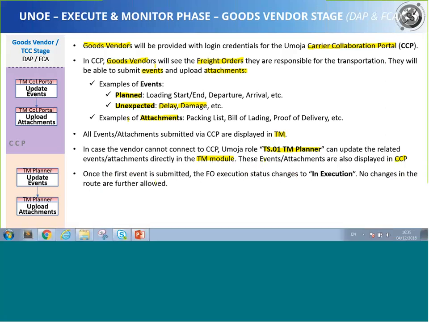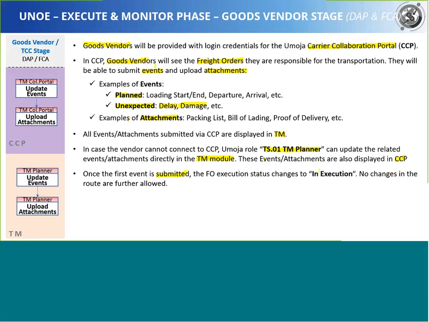Once the first event is submitted, the freight order status will change to in execution. Remember that we said that when the freight order was created by the system and the carrier was assigned, the status was ready for execution.